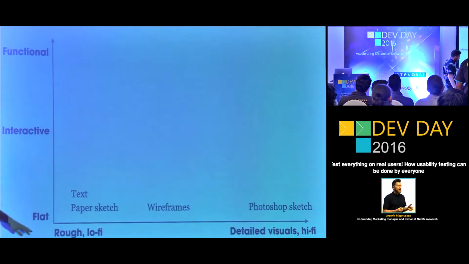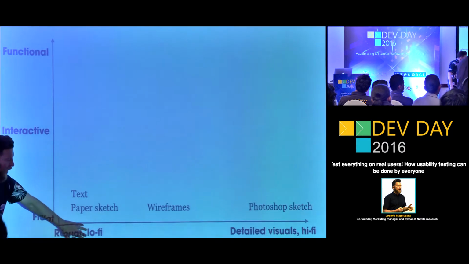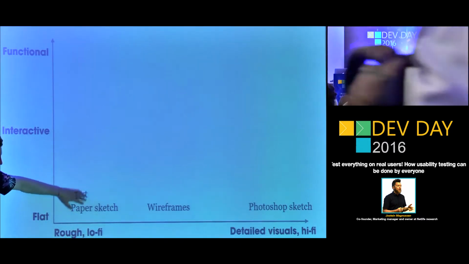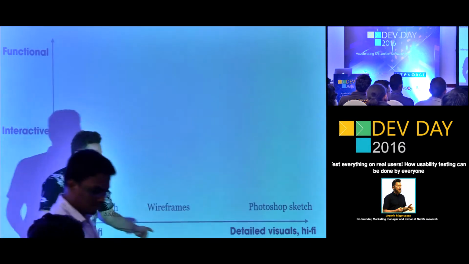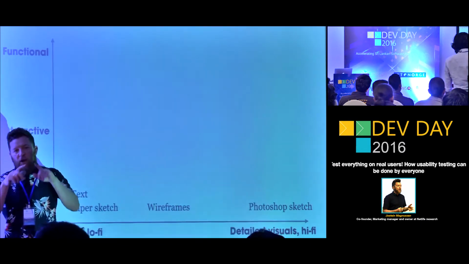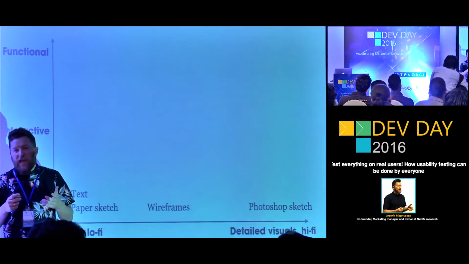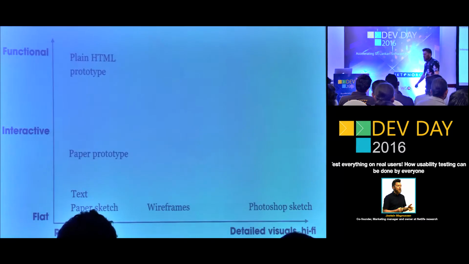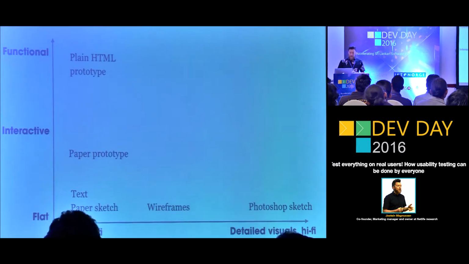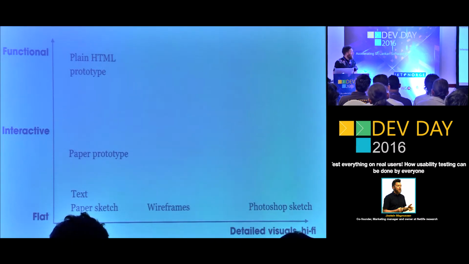And from this very low fidelity text or paper sketches, you could test on wireframes, which are only digital sketches, or you can test on Photoshop sketches, of course. And you can put them in an InVision app or another tool to make it clickable.